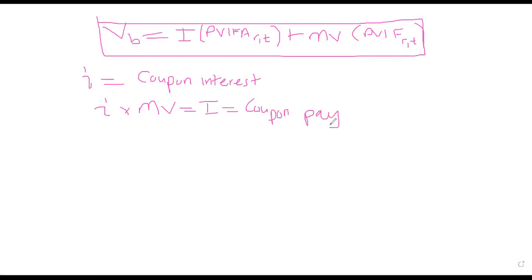Other books will use PMT, the same thing. Then we also have the maturity value, which is actually the face value or the stated value of the bond. It's the same thing. If it's not given, the standard is 1,000.